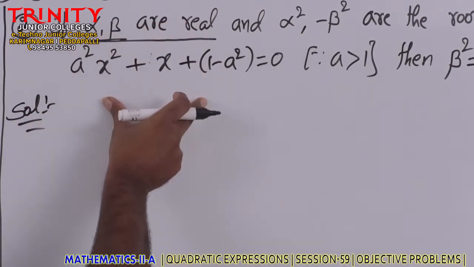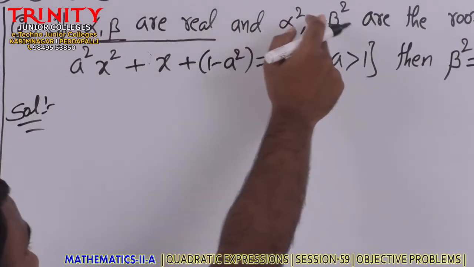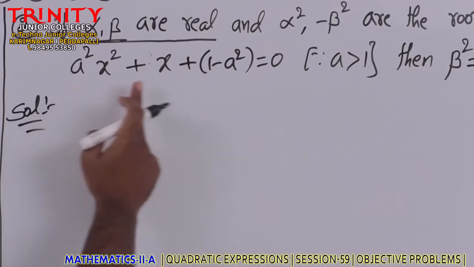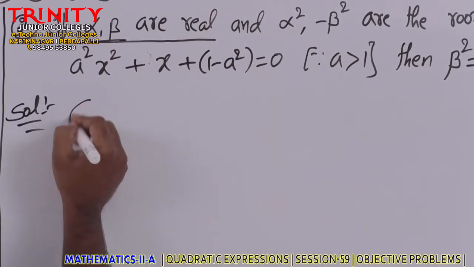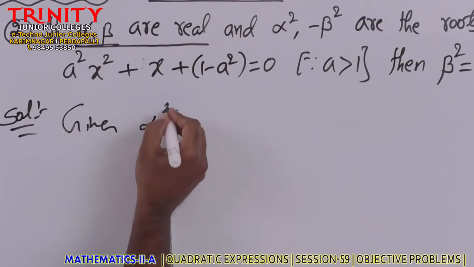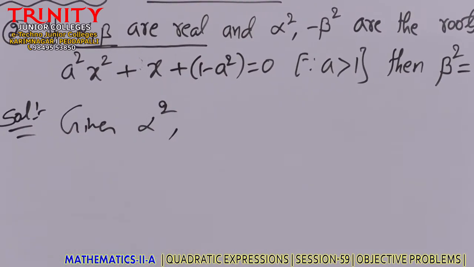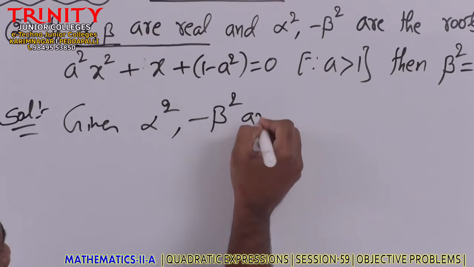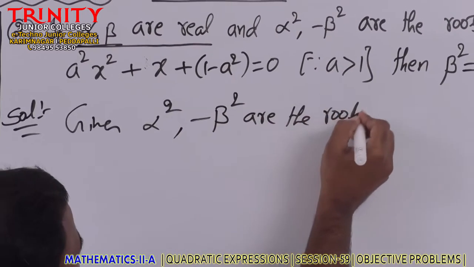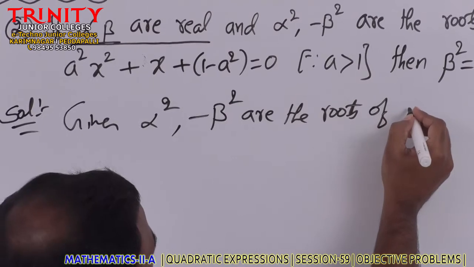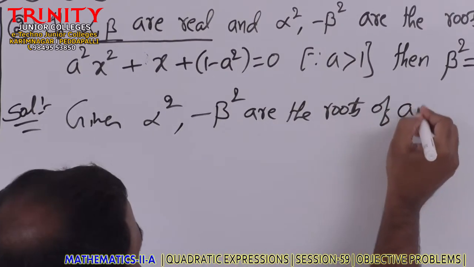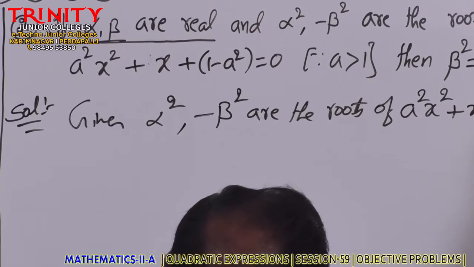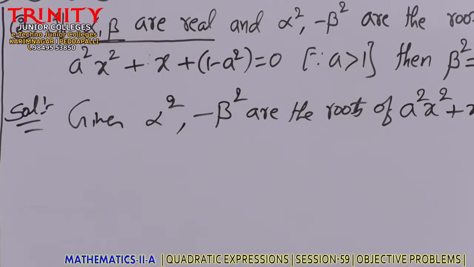Alpha, beta are not the roots. Alpha, beta are real and alpha square, minus beta square are the roots of this quadratic equation, which is in the form of ax square plus bx plus c. Given alpha square, instead of alpha, beta, he was given alpha square, minus beta square are the roots of a square x square plus x plus 1 minus a square is equal to 0.